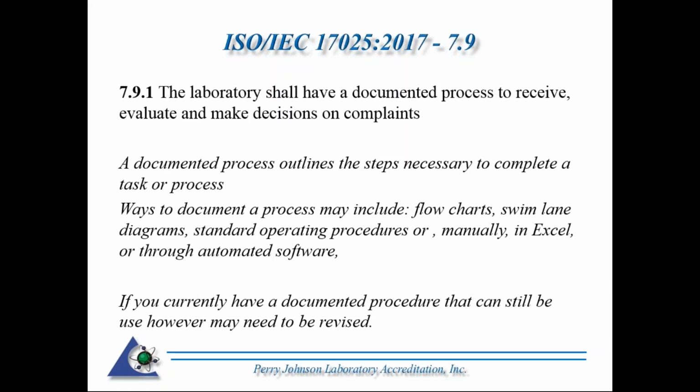So 7.9, right off the bat, if you recall 2005, you have to have a policy and procedure. What does 2017 state? 7.9.1 states the laboratory shall have a documented process to receive, evaluate, and make decisions on complaints.